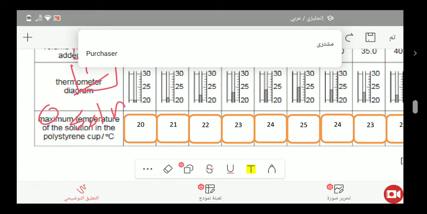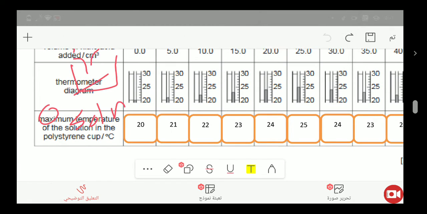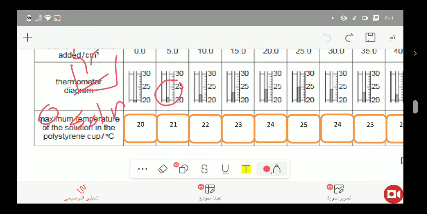Before adding anything, it was 20. After adding the first 5 centimeter cubed, the temperature became 21, and after the next 5 the total became 10 and the temperature became 22, and so on.